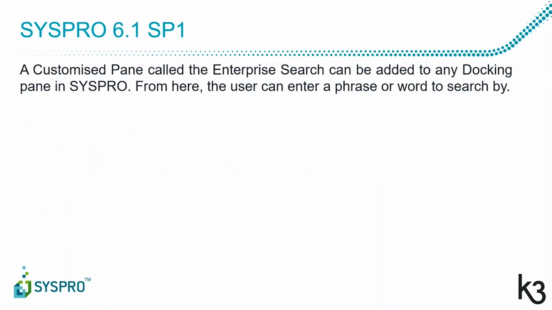Okay, so in 6.1, and the basics of search, you've got the typical browse, but they also introduced something called enterprise search. Now, this wasn't widely adopted. I've not seen it on many sites, but essentially, it allows you to search throughout the entire SYSPRO system and match on key phrases or words, and then use those words to hyperlink through the system.